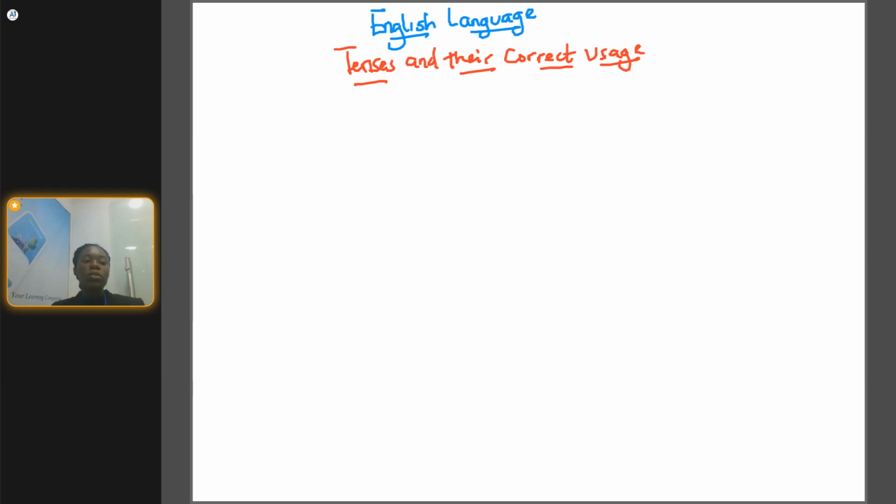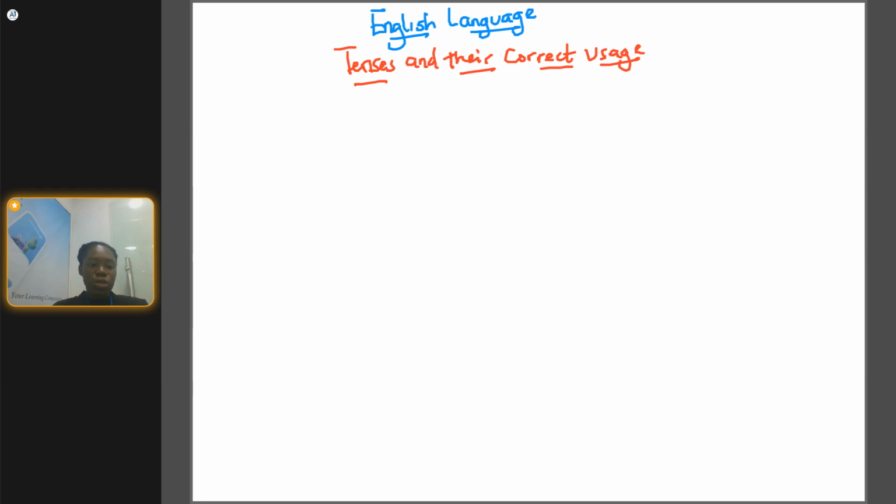For subject verb agreement, I mentioned that your subject must always agree with your verb. That's how you can be grammatically correct when you're constructing a sentence, whether you're writing or speaking.